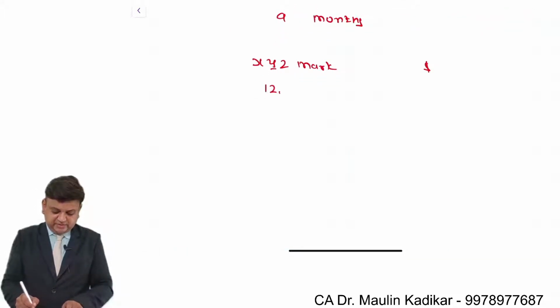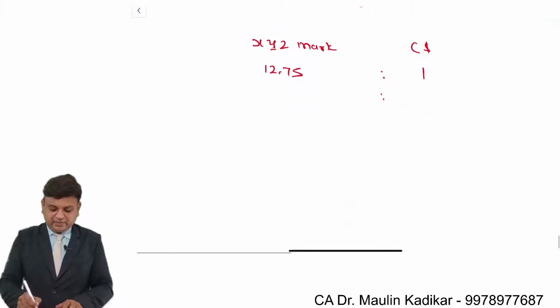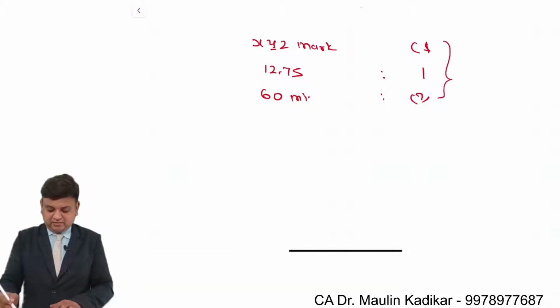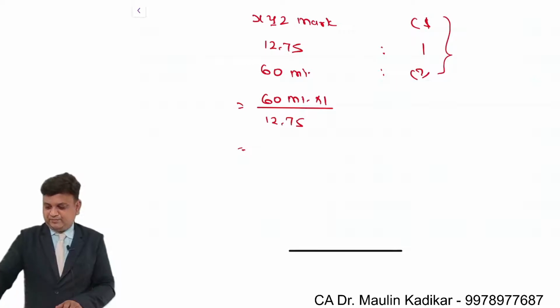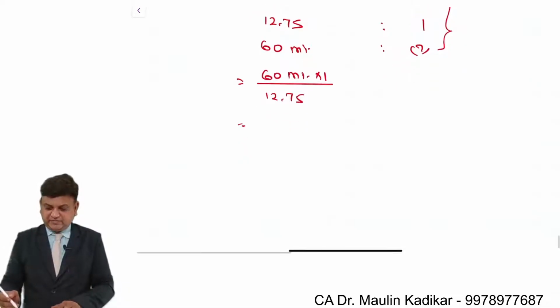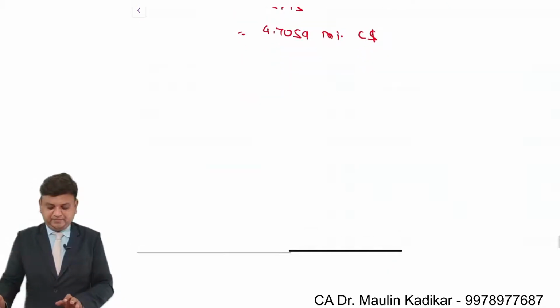So it is 12.75 XYZ mark equal to 1 Canadian dollar. So 60 million XYZ mark is equal to this amount of Canadian dollar: 60 divided by 12.75, 4.7059 million Canadian dollar.